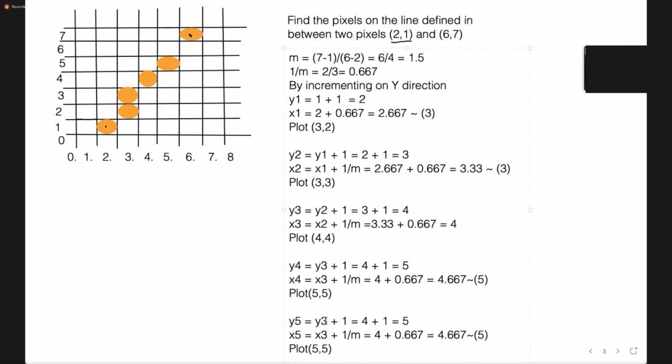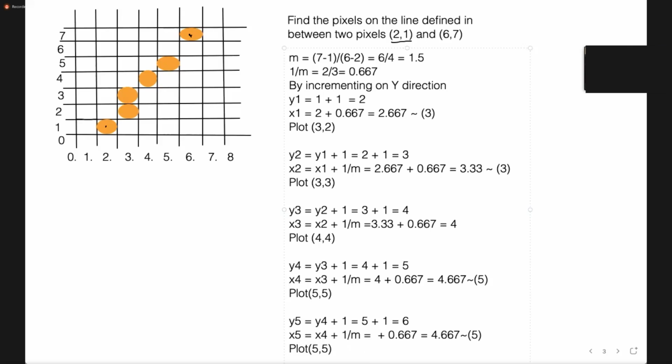Y5 is Y4 plus 1, the 5 plus 1 is 6. And X5 is X4 plus 1 over m.